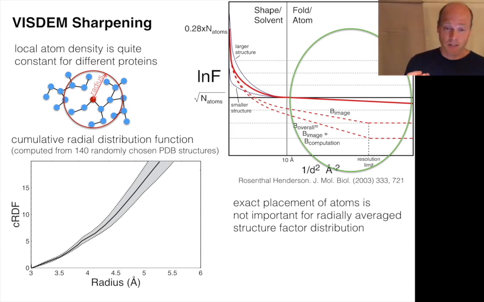So this is something that all the proteins share, and this is of course small length scales here, and this determines how the structure factor looks like in this region.